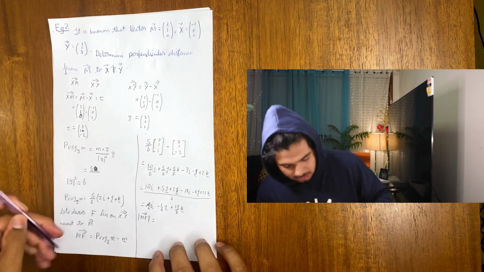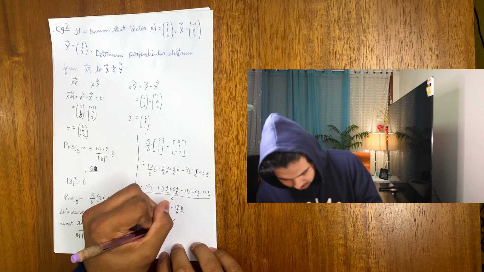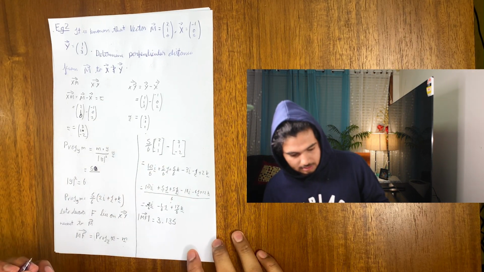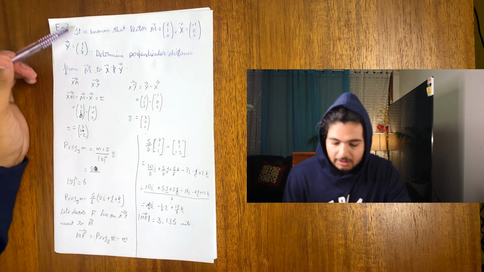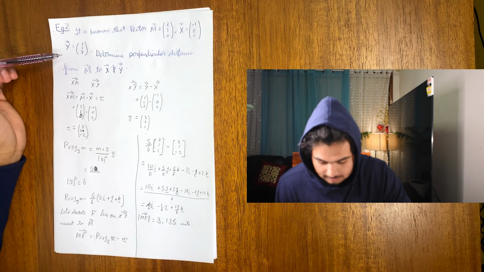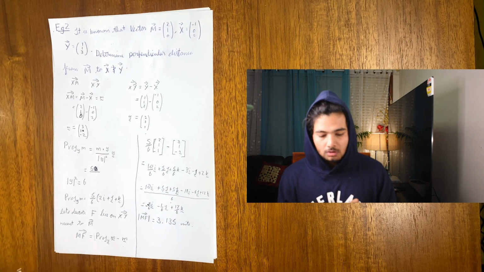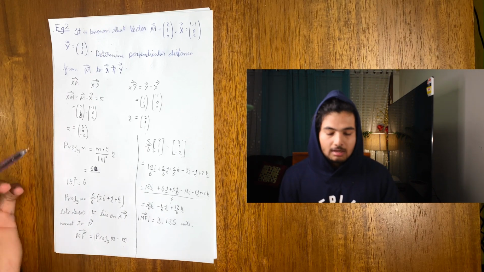This gives me 3.135 units. So that is the perpendicular distance we get right here. So this is example 2. Now we'll go on to example 3, which will be an exam style question.